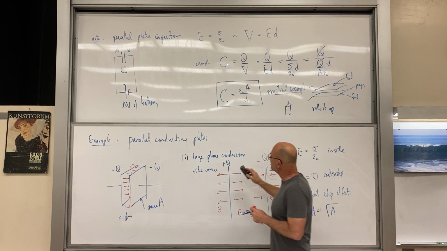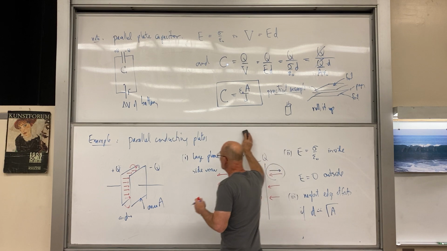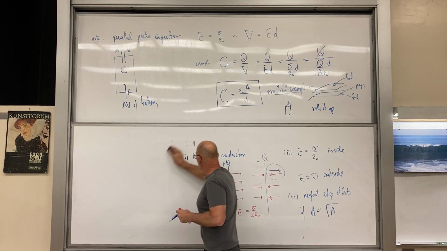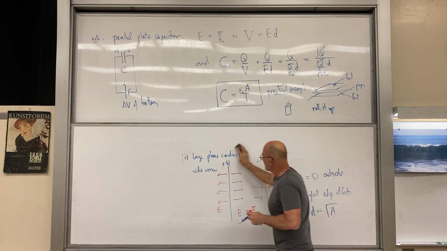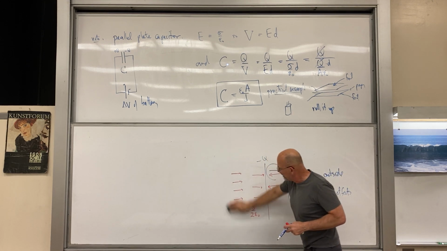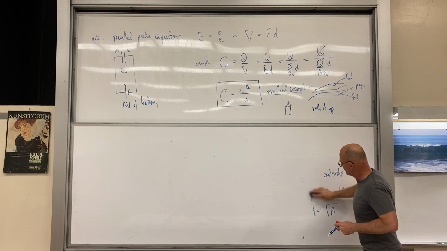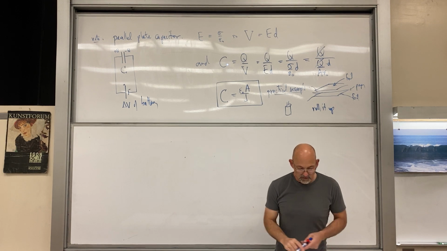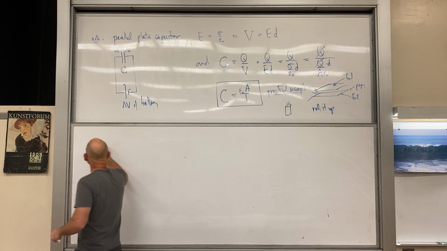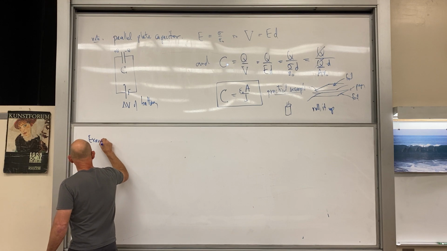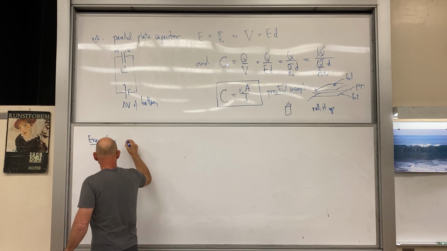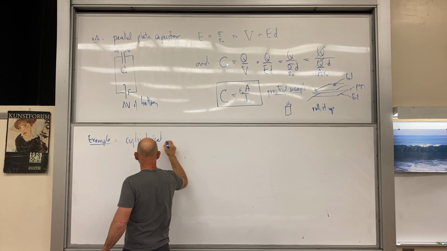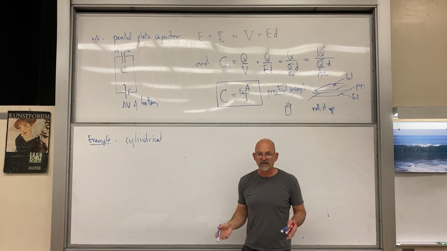So from the parallel conducting plates, and we saw we can roll them up, we'll just go to a coaxial cylindrical capacitor. And they also play a big role, so it's a useful example. So cylindrical, the next example, this one doesn't maximize surface area, by the way.